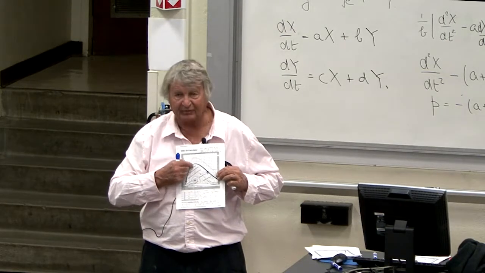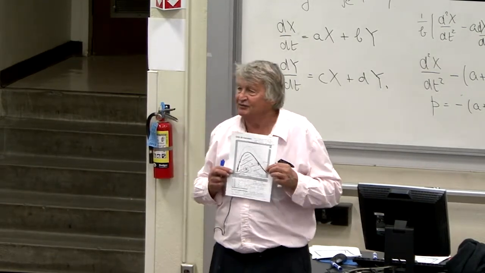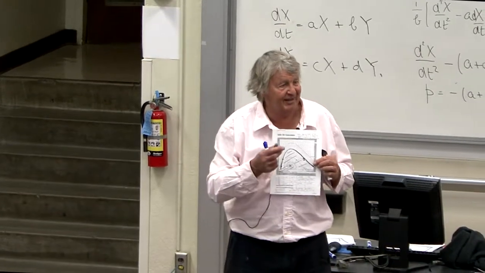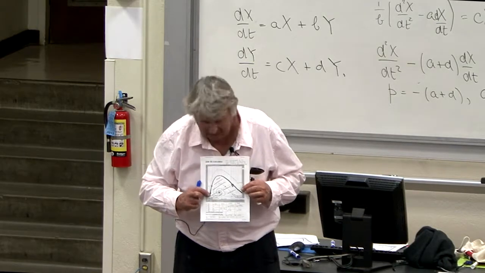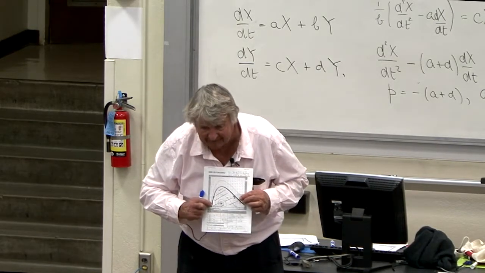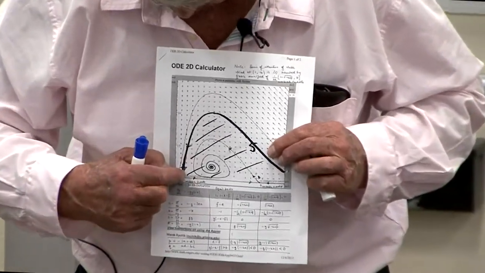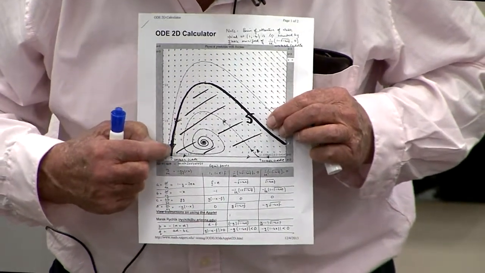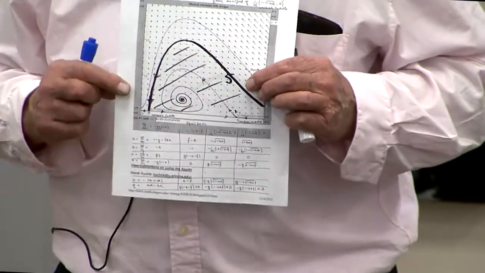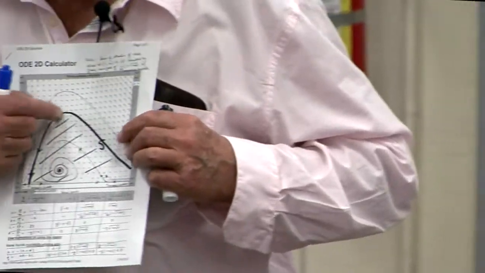To find that path, did anybody think of putting the time from say minus 60 to 60? Because if you start near here and go forward in time, you'll just go bang in there. Or maybe if you're not quite on it, you'll swoop out here and go into the spiral, or else go down to 0. But if you want to find this whole unstable manifold, put minus 60 to 60, and it will run the trajectory backwards. It solves the equations backwards in time.